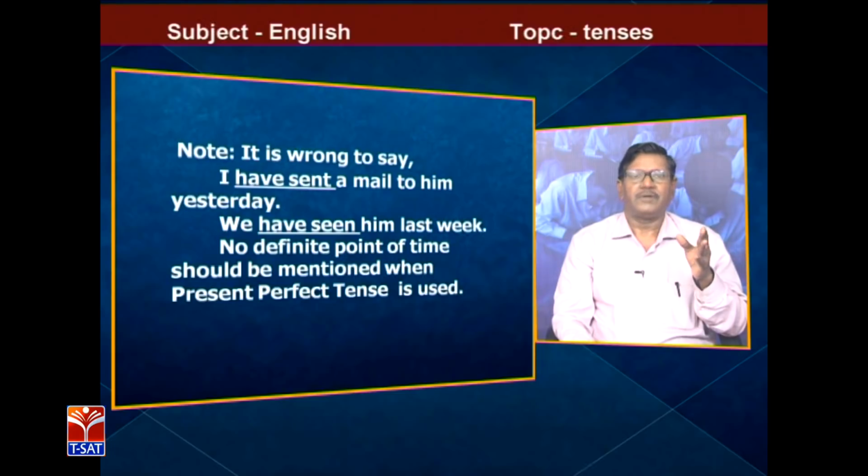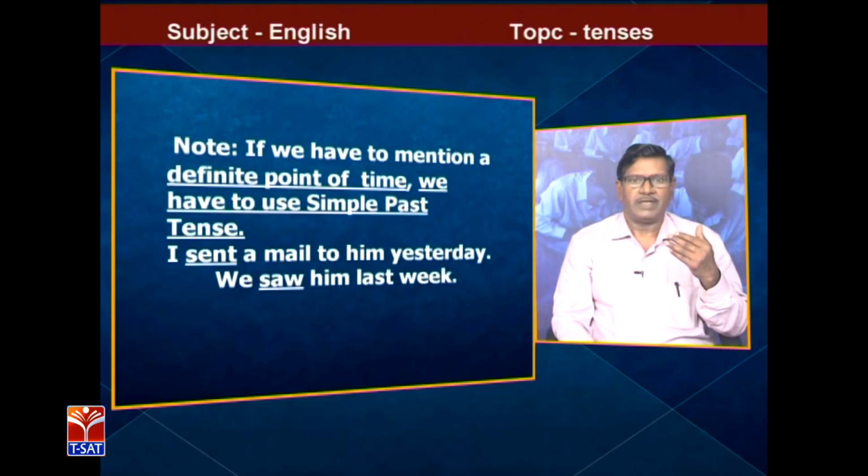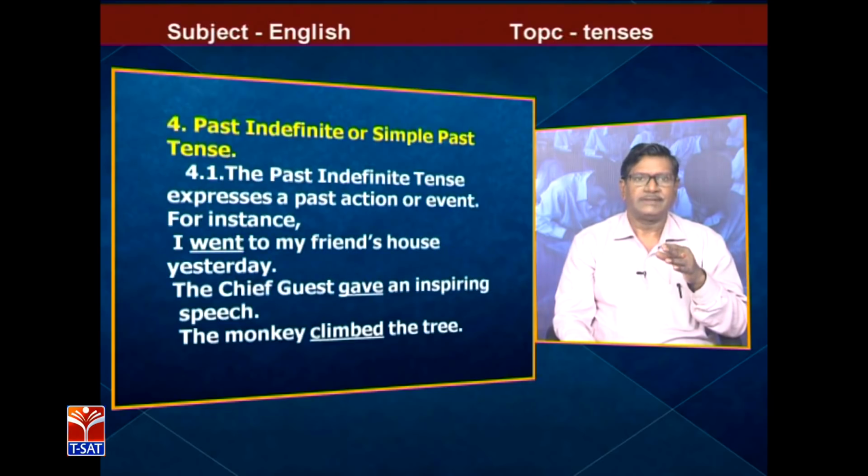We saw him last week. If we mention a definite point of time, then we have to use only simple past tense, but not present perfect tense. Now, we move on to other things.